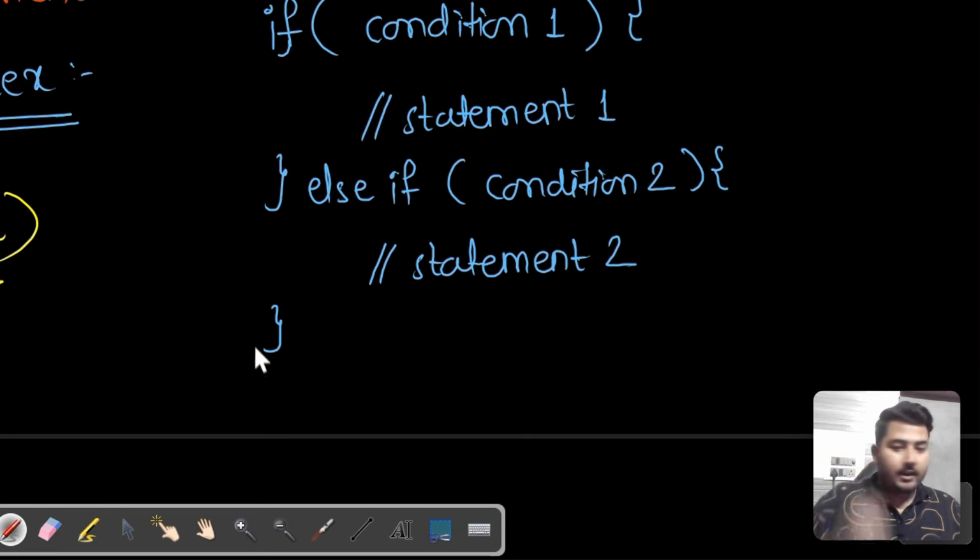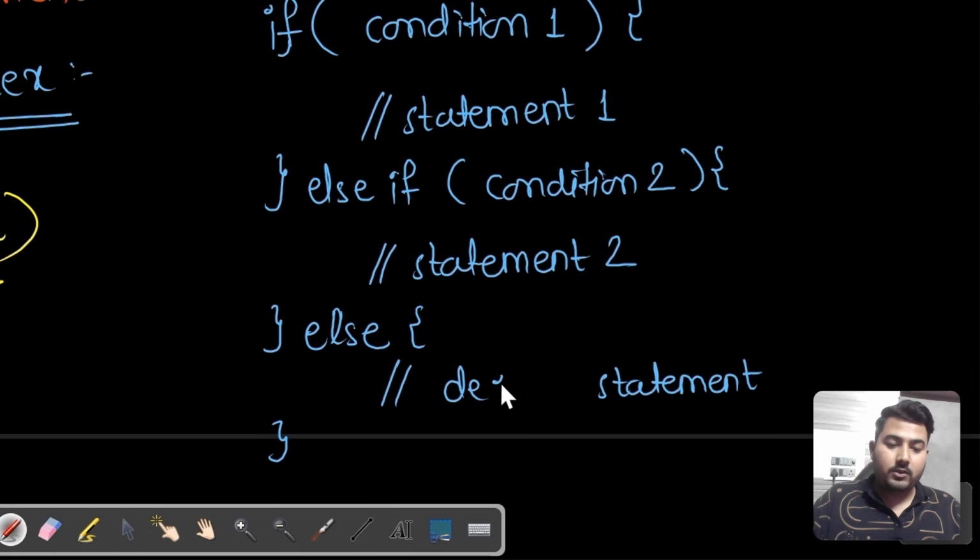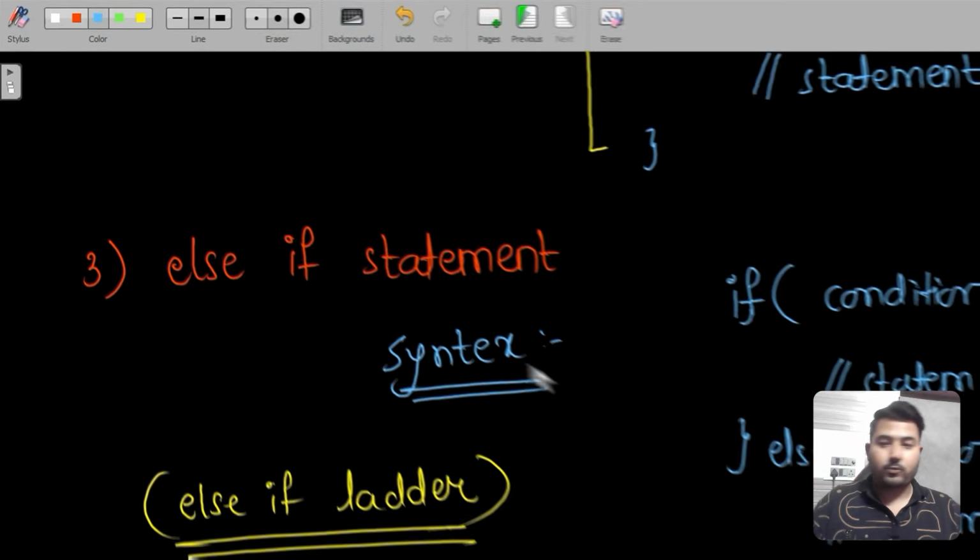And at the very end, it's totally up to you, it is optional. You can put an else statement as well, which will make sure to execute this default statement if none of the above conditions are true.